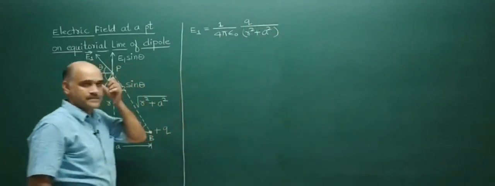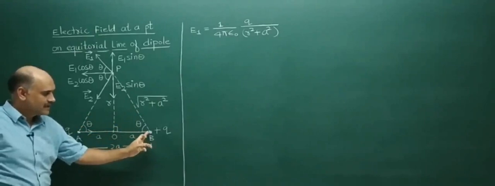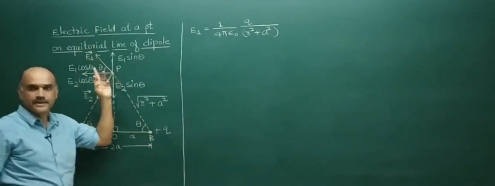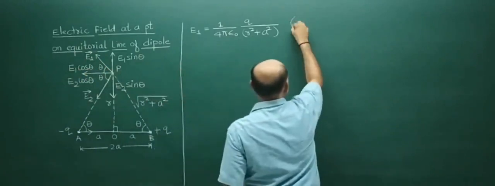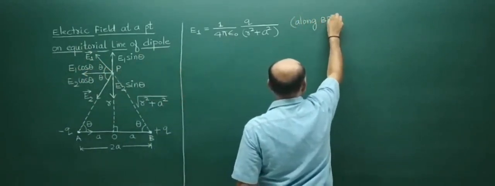Squaring it, the root gets cancelled. So E1 is 1 by 4 pi epsilon naught, Q by r square plus a square, directed along BP.